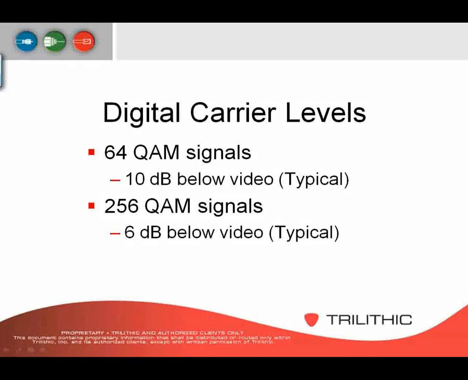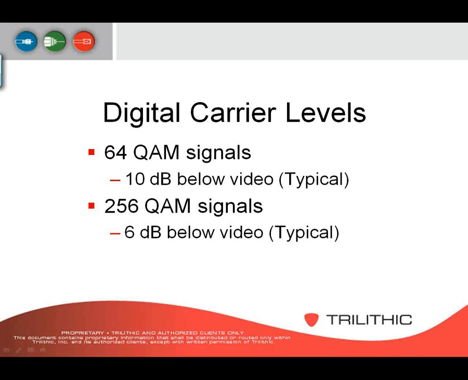Now, the BER mode helps to find any of the BER problems. Many operators set 64 QAM signals 10 dB below the video, and for 256 QAM, signals are set at 6 dB down from your actual video carriers.